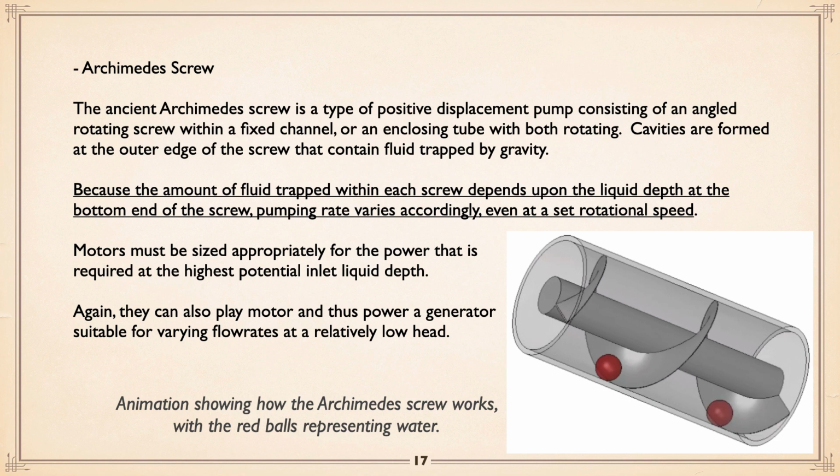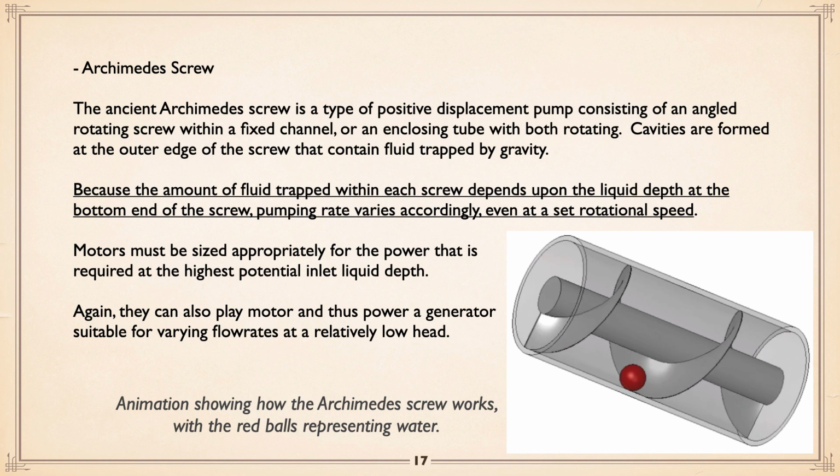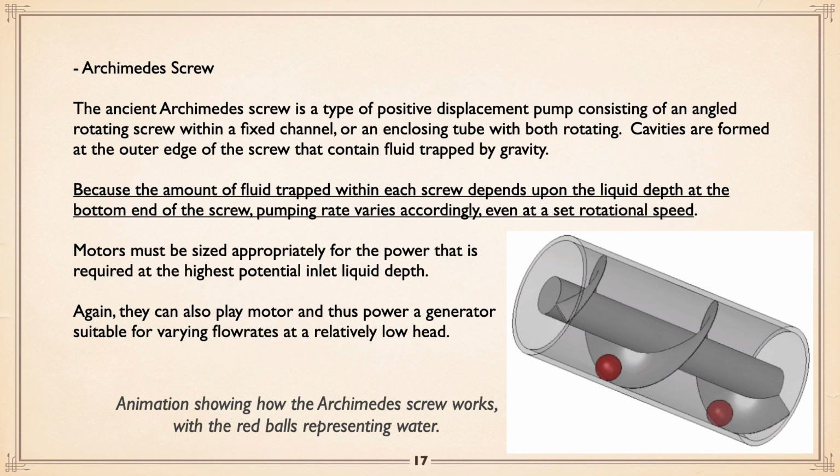One of the cool things about it is if you're pumping out of a pond, say, to the top, as the level in the pond goes down, it will tend to catch less and less fluid, thereby acting like sort of variable speed. You can control a reasonable level with it. It'll only pump what it's got.